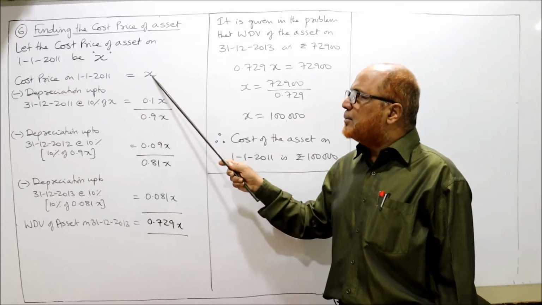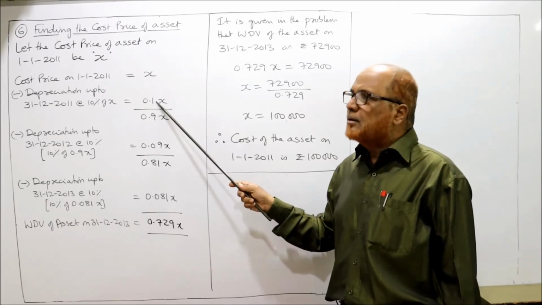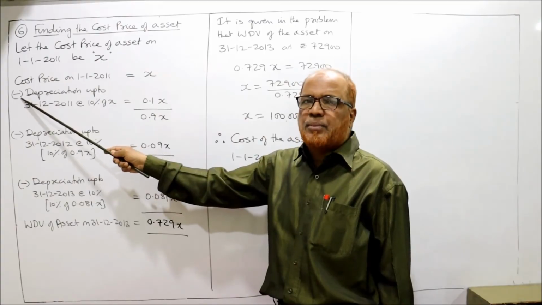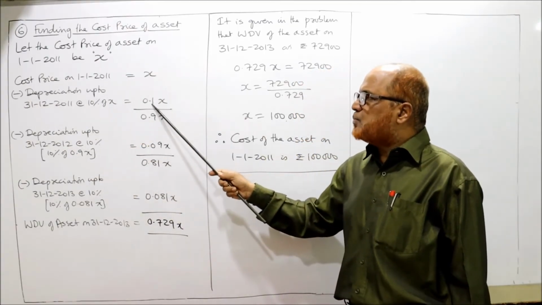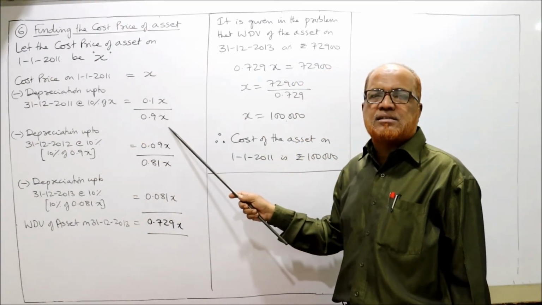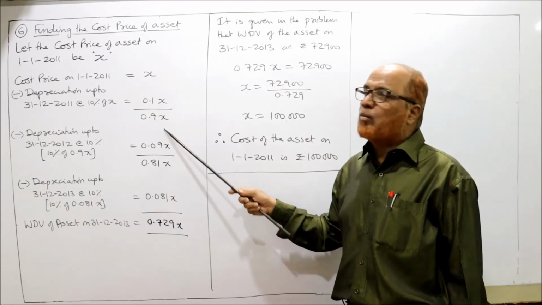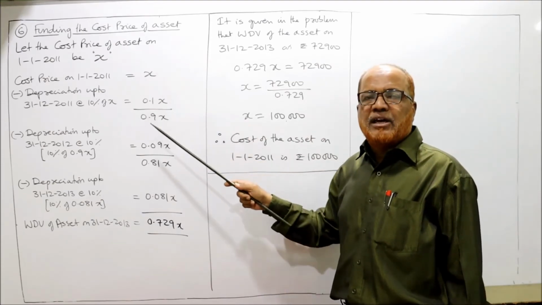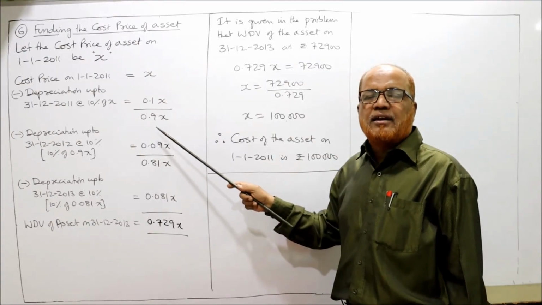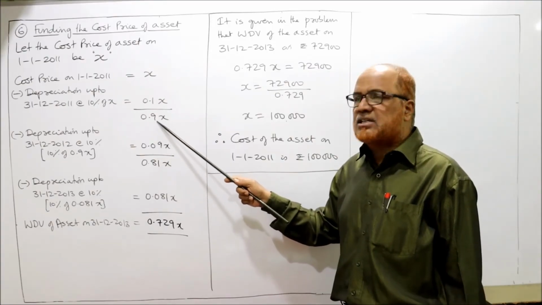So X minus 0.1X gives 0.9X. This is the WDV at the beginning of the second year.